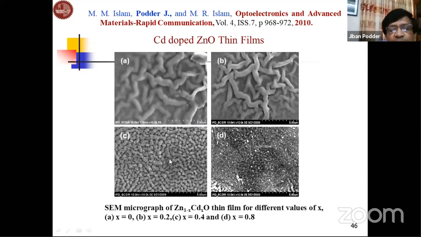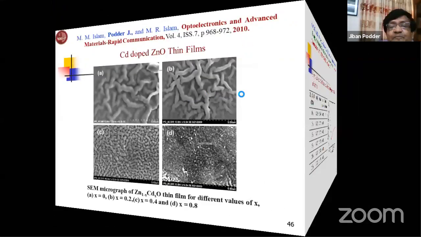These fibers break and ultimately form small grains and porous structures, and at 8% cadmium we got small particles. We communicated this in Optoelectronics and Advanced Materials Rapid Communications, a very old paper, but it is well cited, on the change of this fiber into nanoparticle size.